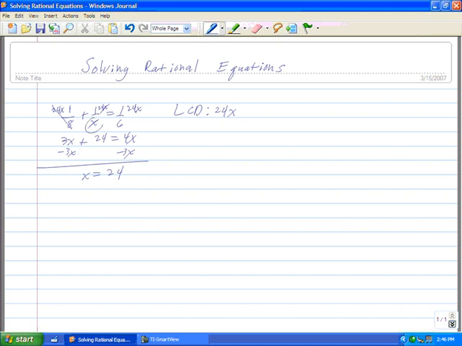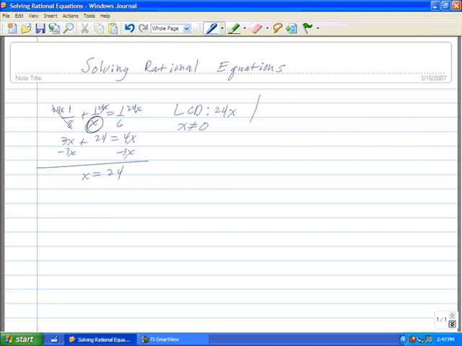So we have to make sure that's not the solution, and we knew from the beginning a solution couldn't be 0 because we can't have 0 in a denominator. We have to watch out for extraneous solutions for these things, so 24 checks out okay when you plug it back in.